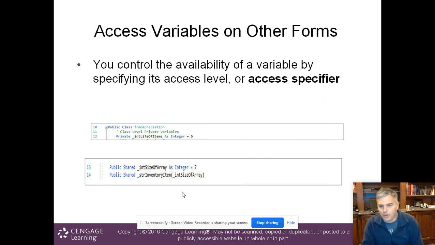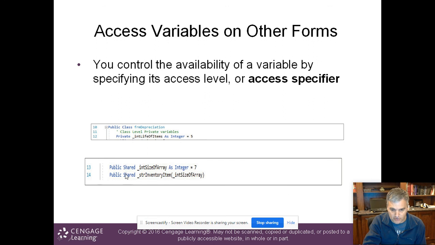You control the availability of a variable by specifying its access level or access specifier. Sometimes you're going to declare a variable or an array or whatever it is on one form, but you want to reference that array on another form. In order to do that, you have to declare those variables or arrays as public shared.